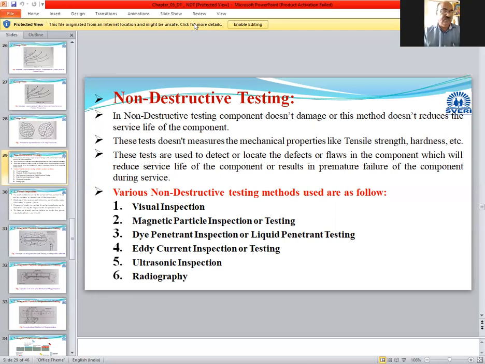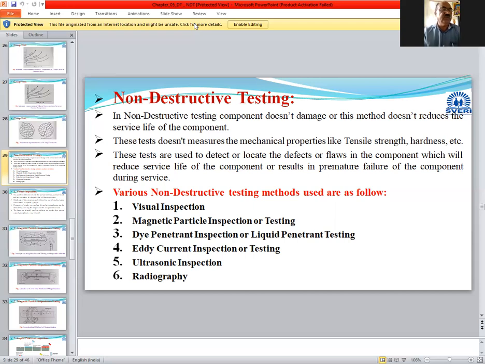Now, before breaking, you will get the graph. This graph is nothing but load versus displacement. In this graph you will get the yield point, ultimate tensile strength and fracture strength. Two types of regions will be there, elastic and plastic.